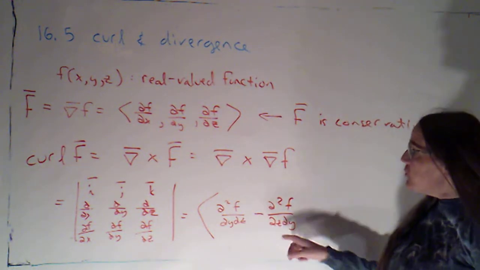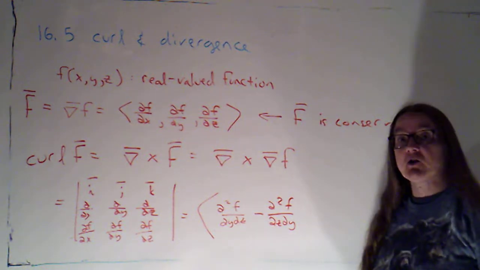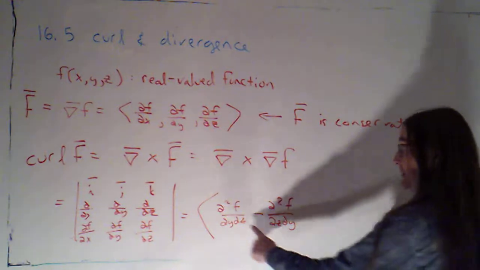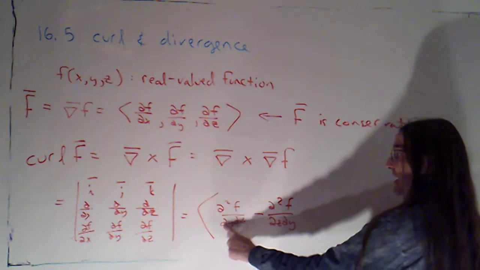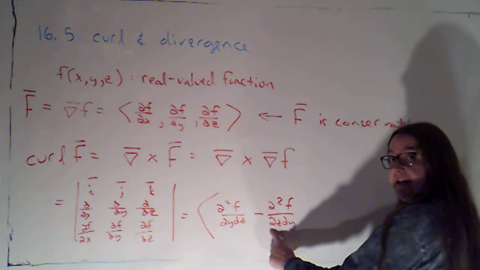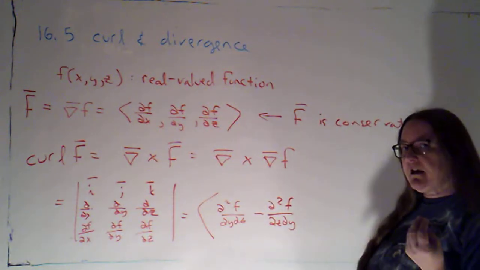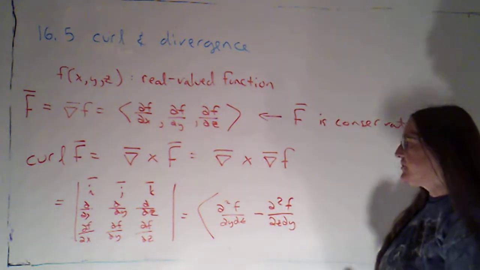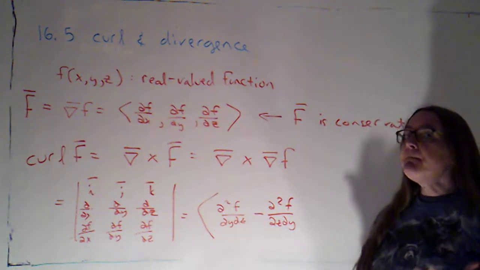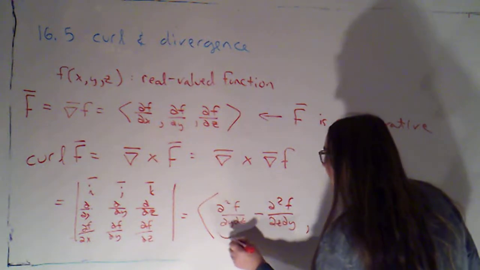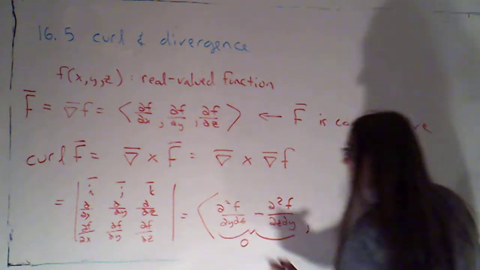These are the two mixed second partials that use y and z in different order. This has me doing z first and then y. This has me doing y first and then z. It's a function of 3 variables, but if all of the second partials are continuous, then the mixed second partials are going to be equal, which means that's going to be 0.